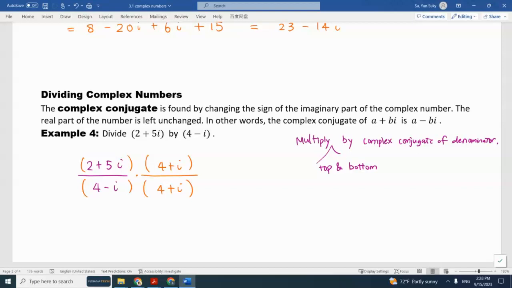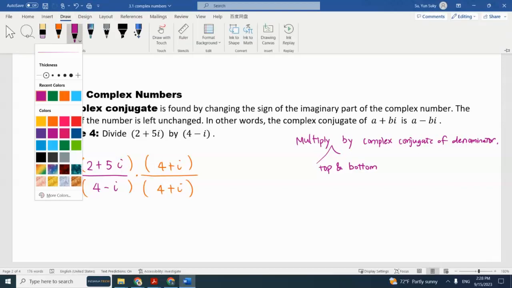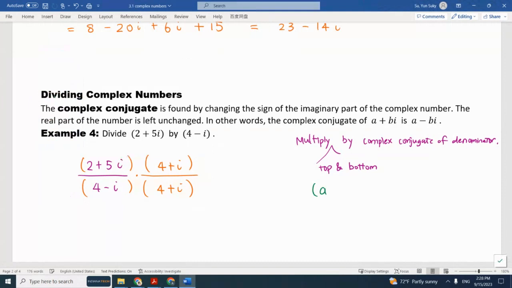The good thing about complex conjugates is, you remember the formula a plus b times a minus b? That's a squared minus b squared. It is not the 2ab one, just b squared.